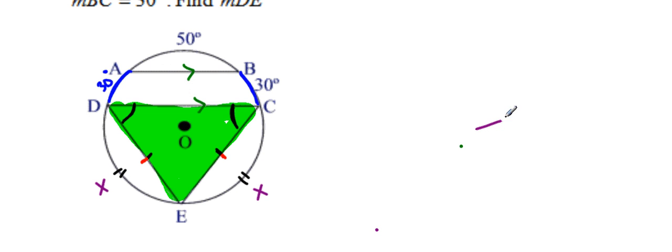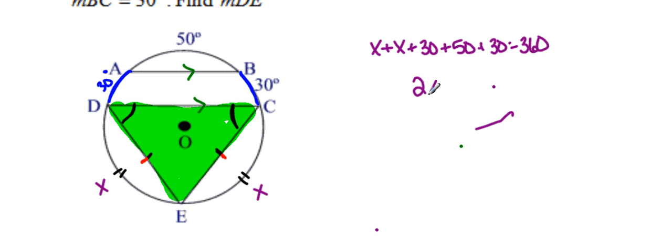I'm going to let these guys each be x. And again, I know that the sum of all the arcs in my circle has to be equal to 360. So x plus 30 plus 50 plus 30 has to have a grand total of 360 degrees. So 2x plus 110 equals 360.